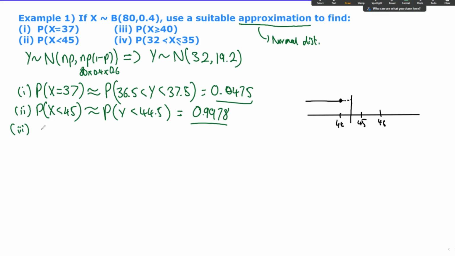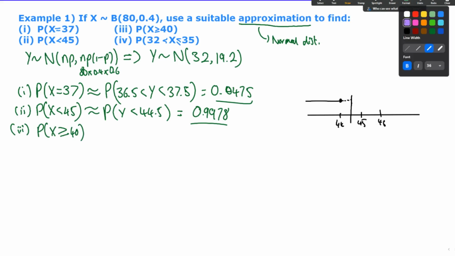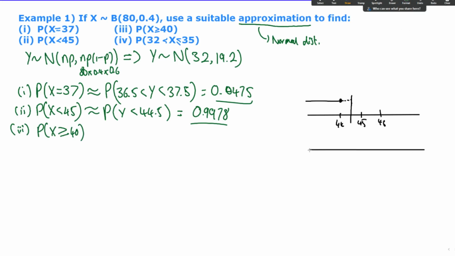Okay, so let's try the probability of x being greater than or equal to 40. So again, let's get our number line out. This time we've got 40, 41, and 39. And we want greater than or equal to 40, so that way. But remember, we also want to keep this bit here, right?